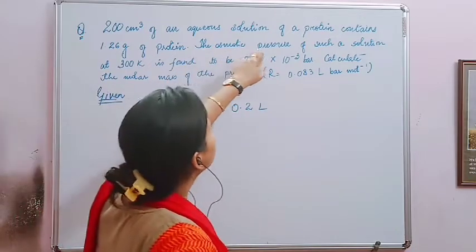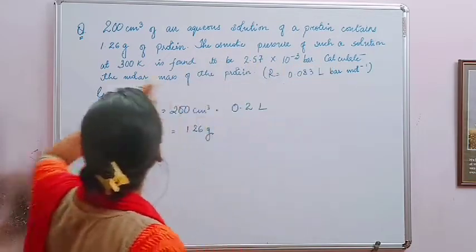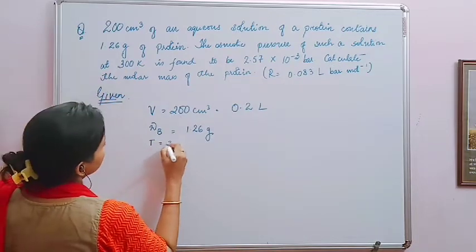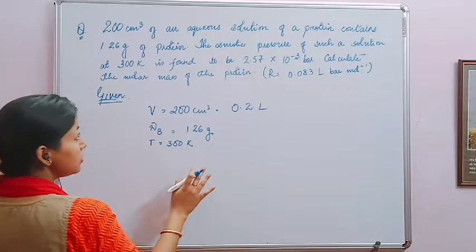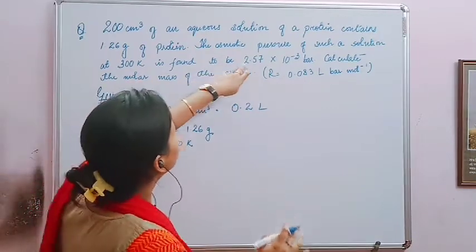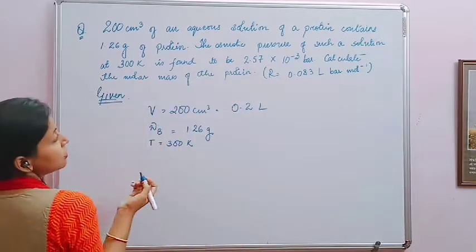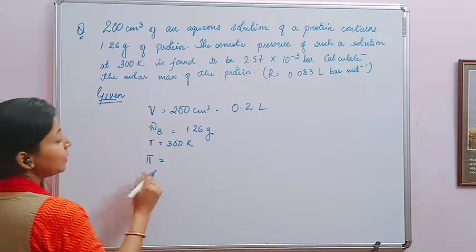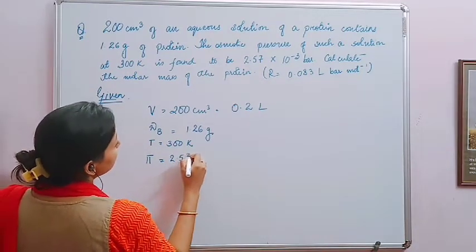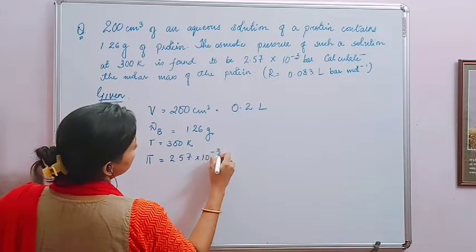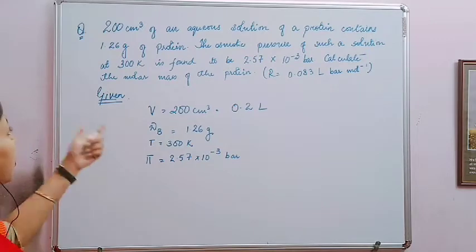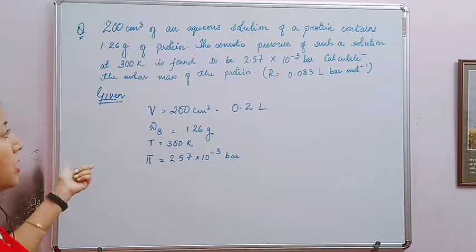The osmotic pressure of such a solution at 300 Kelvin, temperature is 300 Kelvin, there is no need to convert, is found to be 2.57 into 10 to the power minus 3 bar. Osmotic pressure, we know it is given by pi, so it becomes 2.57 into 10 to the power minus 3 bar.